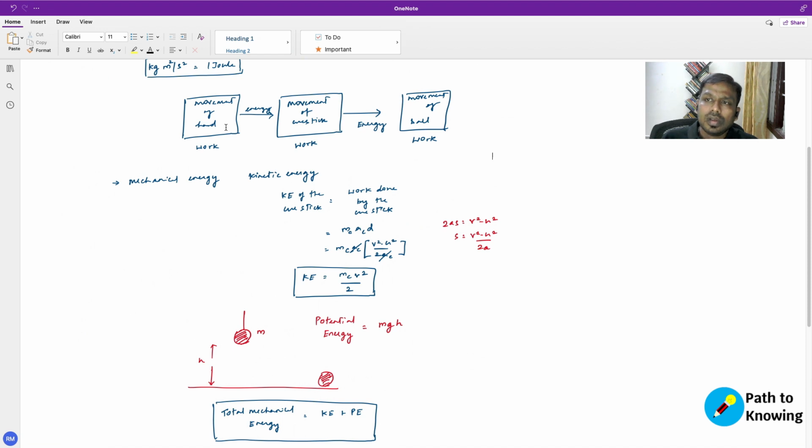The movement of the hand transferred the energy to the cue stick, and by virtue of the cue stick doing some work, it transferred that energy to the ball, and the ball ended up doing that work.